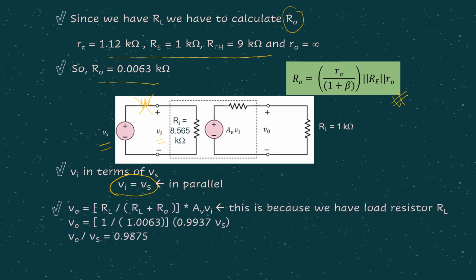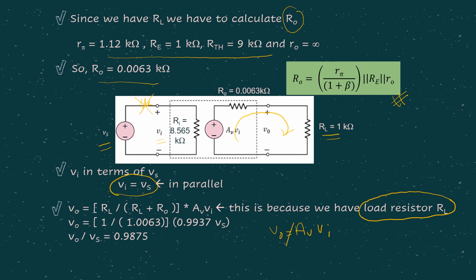Then later at the output side, for this particular example, we need to consider voltage divider. Why? Because now we are having a load resistor RL. We cannot say our V0 equals to AVVI anymore. Why? Because it's not open circuit anymore. We are having RL. So that's why you need to do voltage divider.